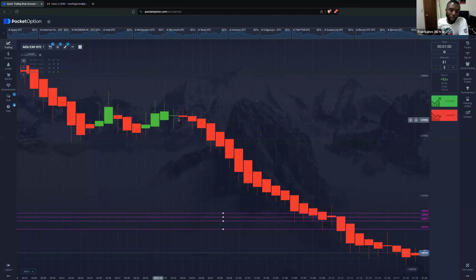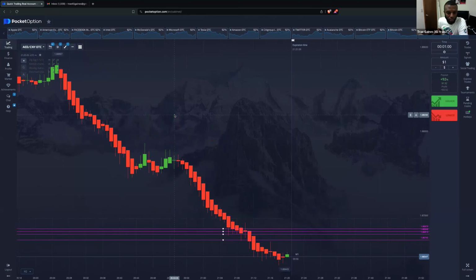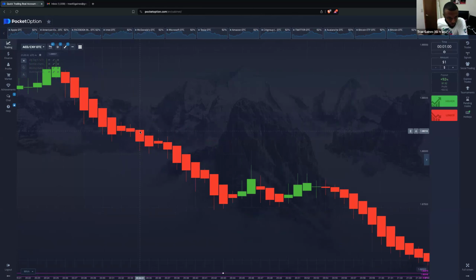And then we got dojis. Dojis have the line coming out of the top and the bottom, which shows us that this is an indecisive candle. When we say indecisive, normally the market's about to make a change. So we got a doji right here because you see the little line coming out of the top.